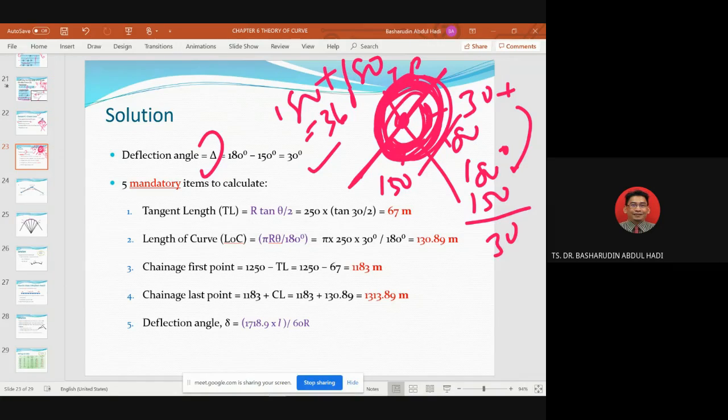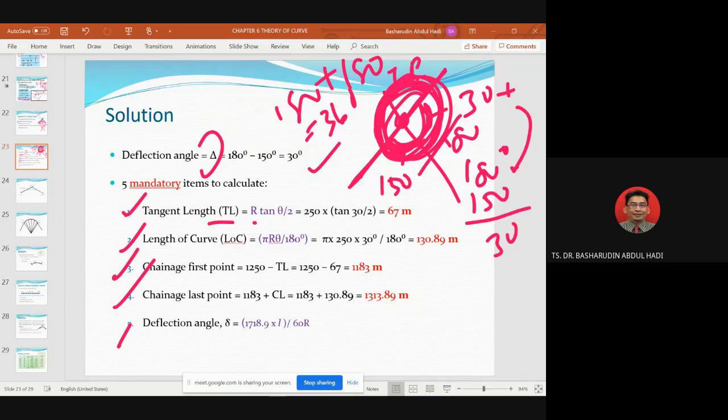Alright. Five mandatory items to calculate: the tangent length, length of curve, chainage for the first point, chainage for the last point, and lastly the deflections. First, calculate the tangent length. We already have the formula: radius times tangent of the deflection angle divided by 2.